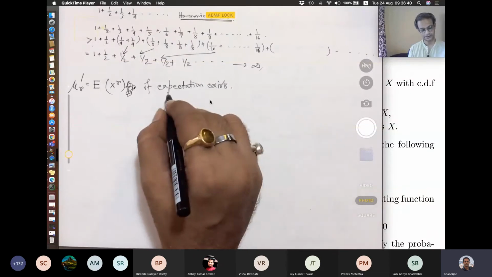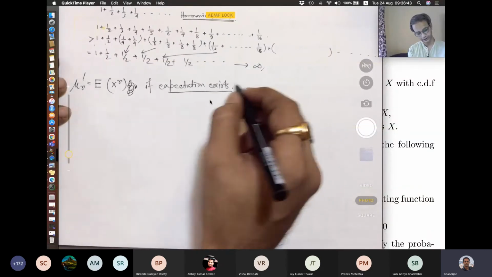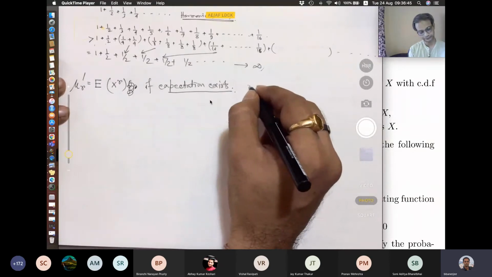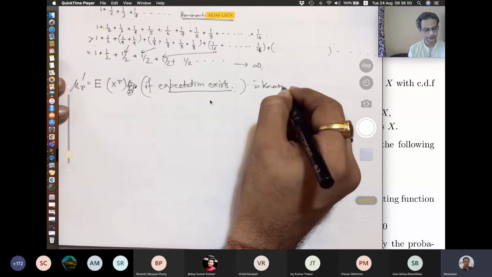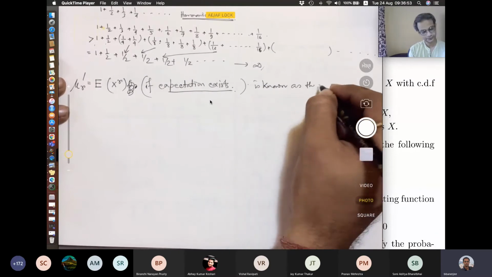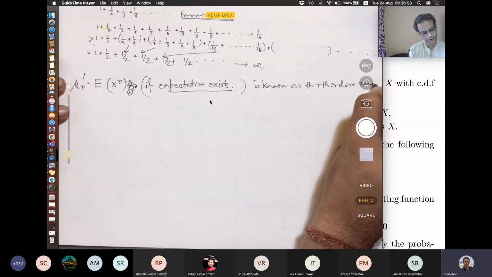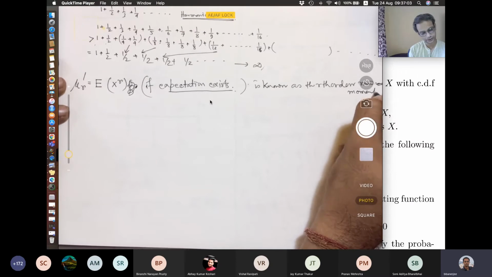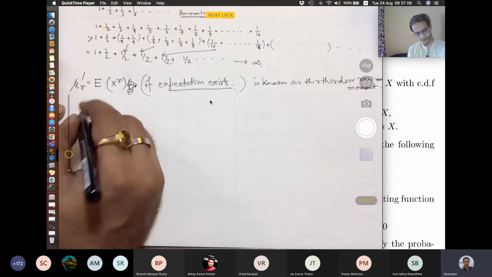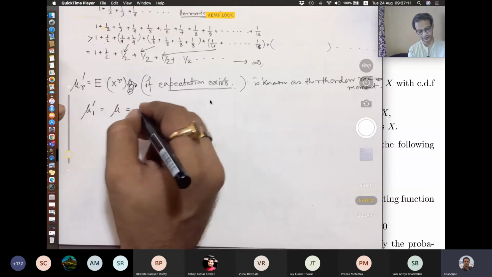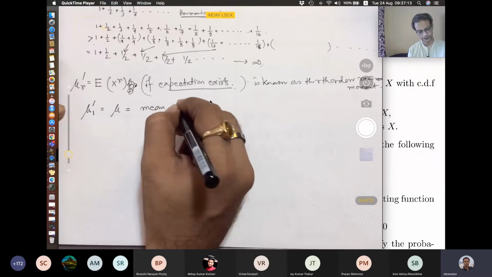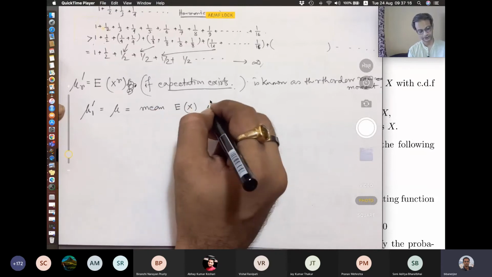That means expectation exists. So this is known as the rth order raw moment. Okay. Now mu1 prime is usually written as mu, and it is the mean, which is expectation of x if it exists.